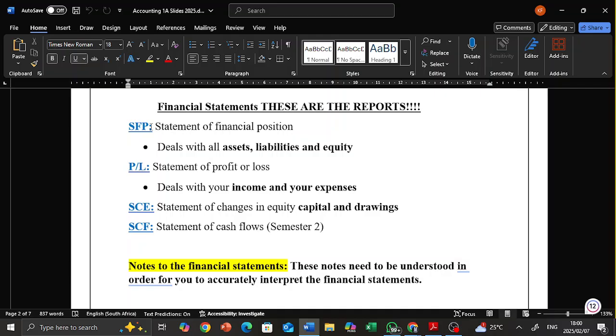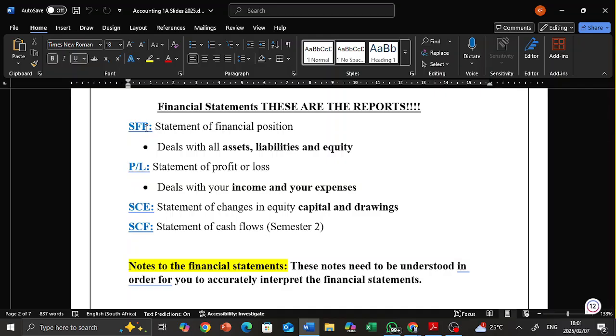Okay? If this is confusing, don't stress. There is a visual representation at the bottom of these slides. We are getting there. All right? I'm just trying to paint a picture before we actually get there. Okay? Right. So now, when you write debit machinery, next to machinery, you need to write SFP. Why do I need to write SFP when I debit machinery?